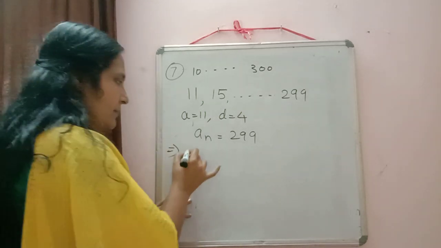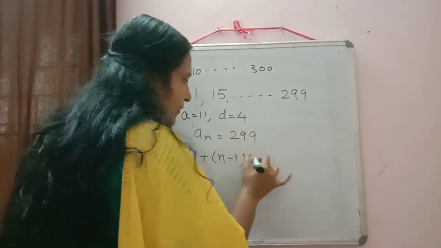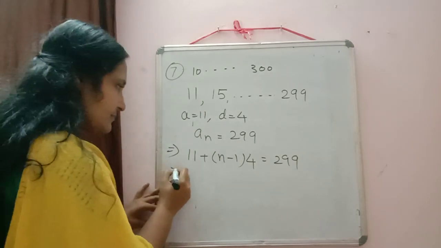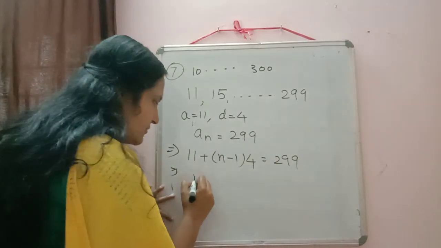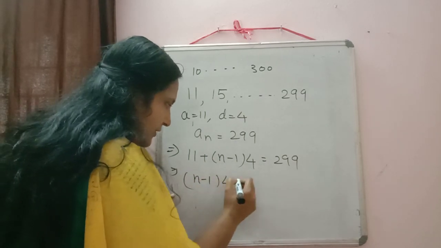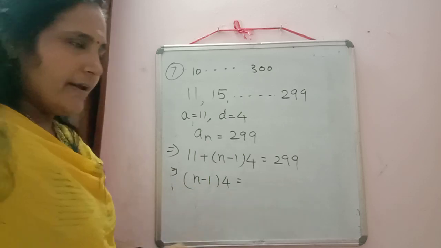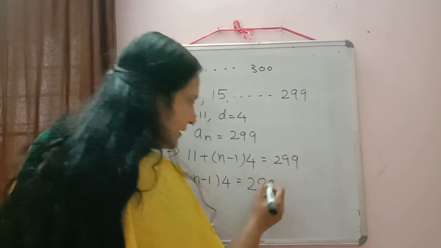A means that is 11 plus n minus 1 into 4 is equal to 299. So shall I shift 11 to right hand side? So it will be equal to n minus 1 into 4 is equal to 299 minus 11. So that will be equal to, yes, 288.